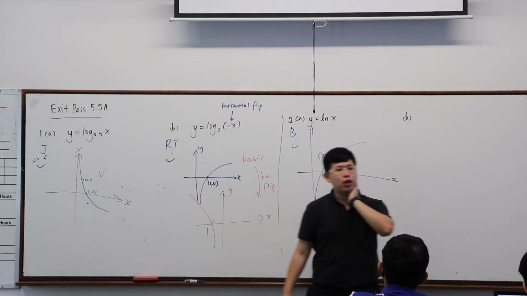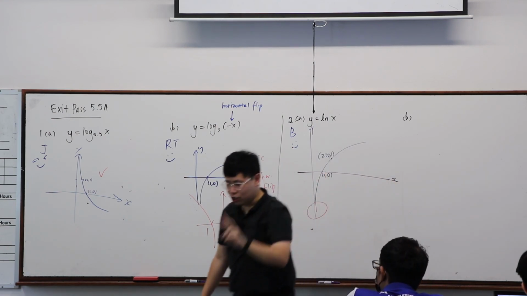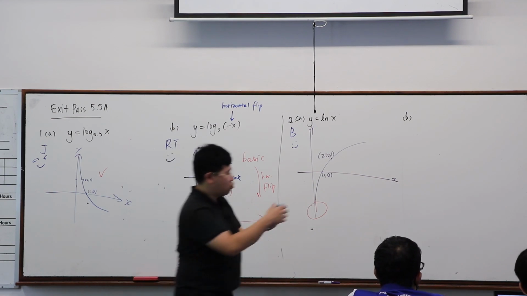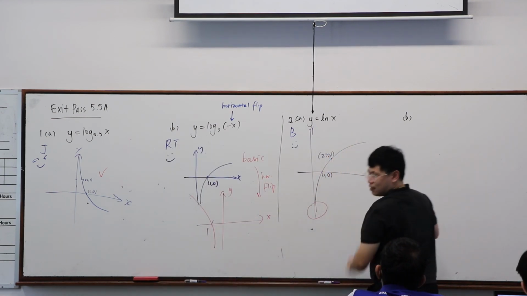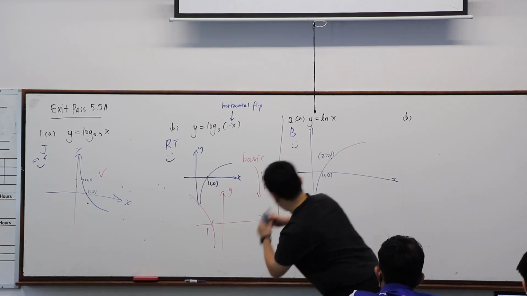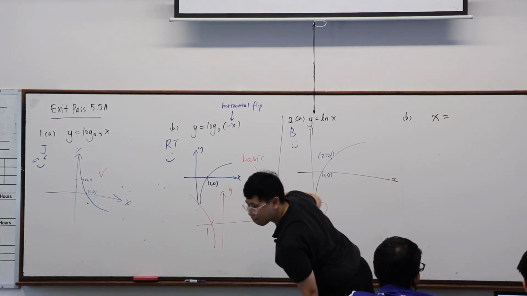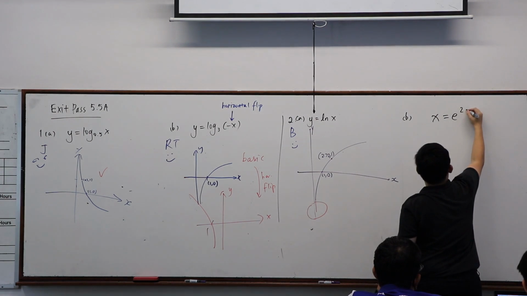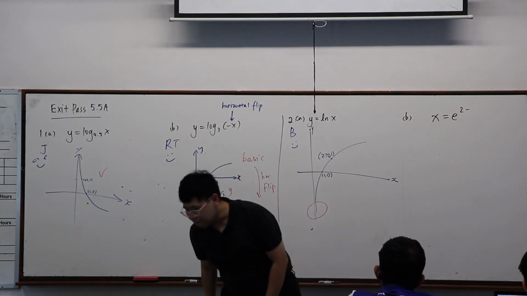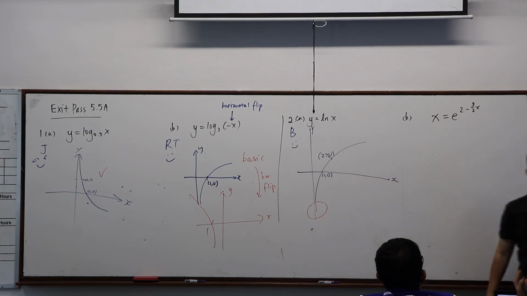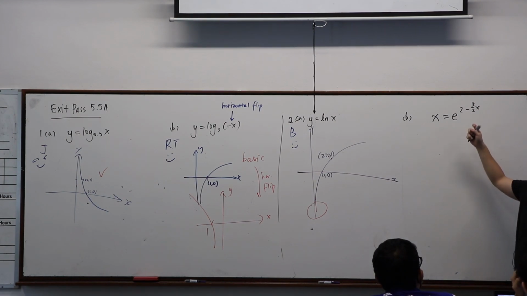Let's take a look at question 2, part 2. In part 2, we need to determine the equation of a straight line to be drawn on this graph such that we will be able to solve this.